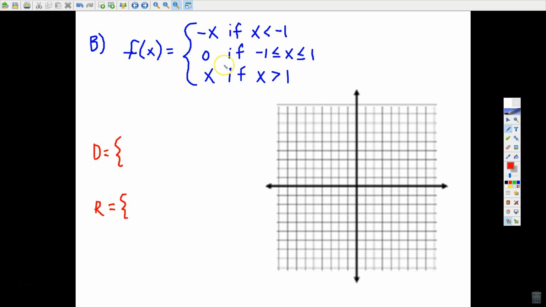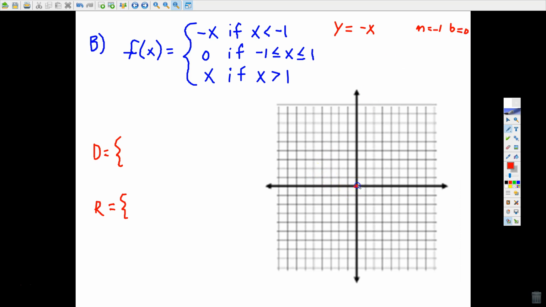Here's my letter B example. So I think I will go ahead and show you this in case this helps. I'll do this top piece in red, and if it helps, instead of saying f of x equals -x, just think of y equals -x. All right, so that has a slope of -1, y-intercept of 0.